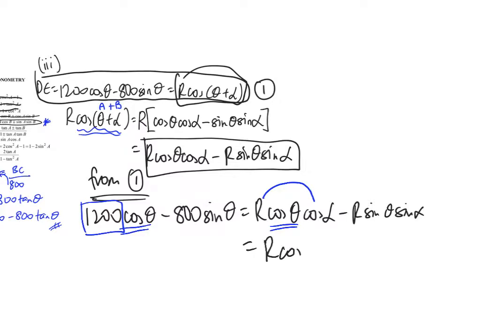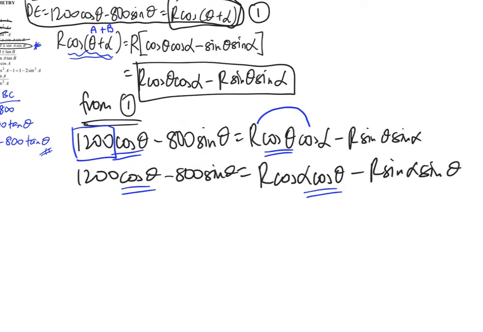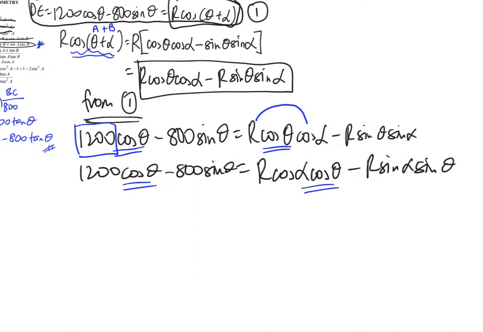We can rearrange the equation to become like this first. Okay, and then again we can write this down so that we can compare easily from the left and the right. Just by comparison, the cosine theta is here, the cosine theta is here. Comparing coefficients of cosine theta, 1200 has to be equal to R cosine alpha.